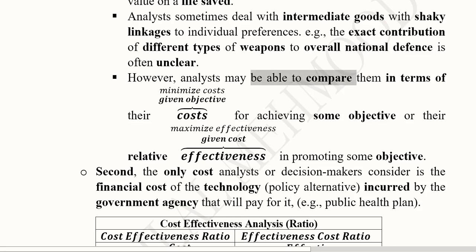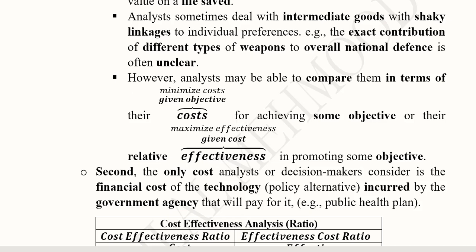So what we can do is we can do comparison, and that can be in terms of their costs, because we want to minimize the costs while keeping the objective or the effectiveness constant. And the other way is to look at the effectiveness to maximize it, while the cost can be kept constant for all the alternatives.